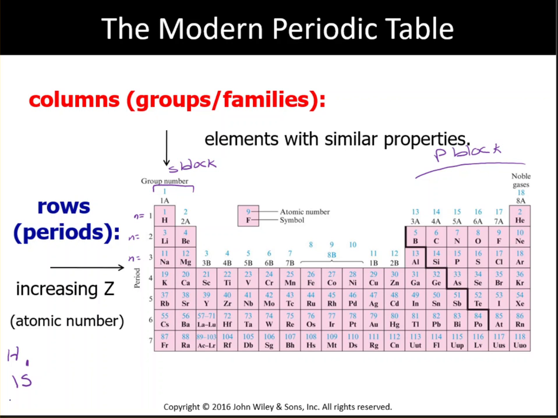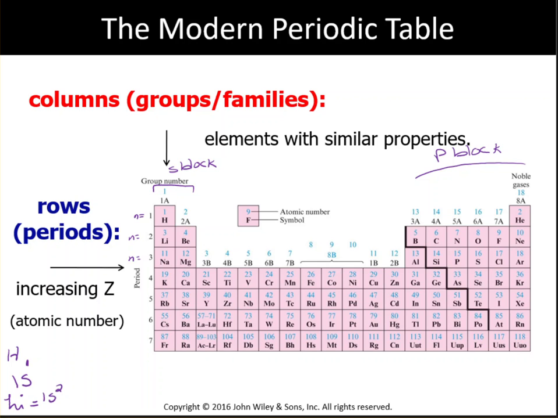Now, if I move to lithium, I'm trying to come up with the electron configuration of lithium by just looking at the periodic table. Lithium is in period 2, meaning that period 1 should be completely full. So 1s2 is full.